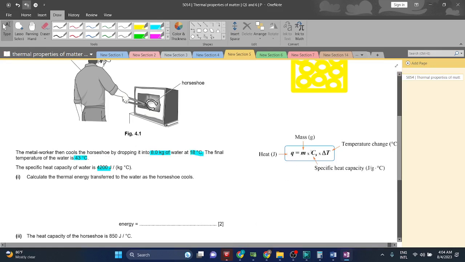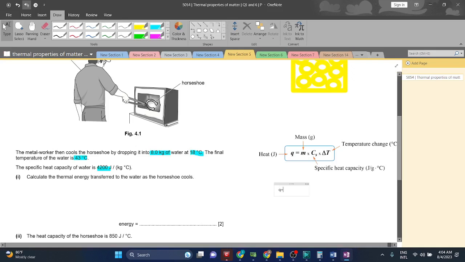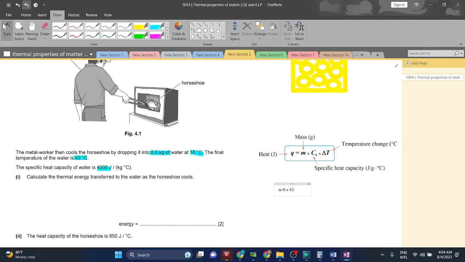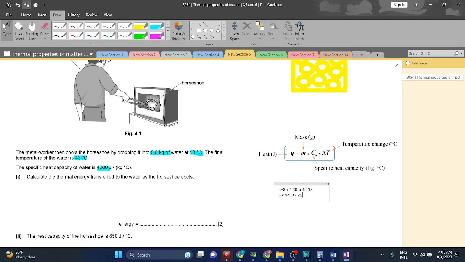फॉर्मूला क्या है? Q is equals to mc delta T. C will be specific heat capacity, delta T will be change in temperature, मतलब final minus initial, and M will be the mass. So let's see, Q is equals to M, which is 8, into 4200, which is the specific heat capacity, और उसके बाद into change in temperature 43 minus 18, so 25. 8 into 4200 into 25 will give us an answer of 840,000 joules.